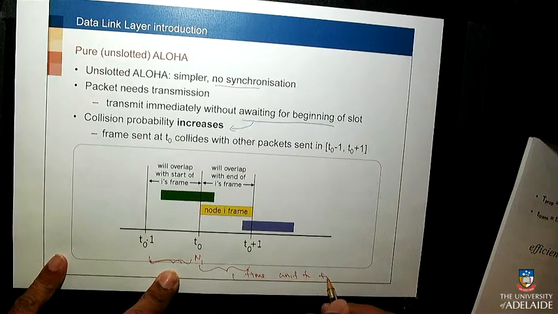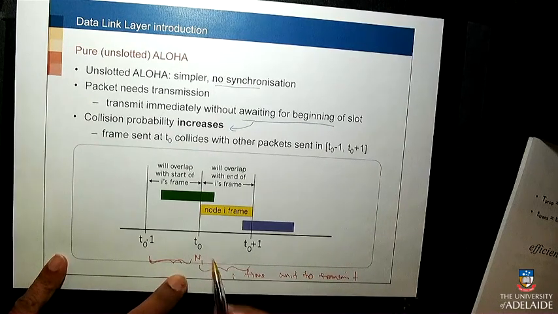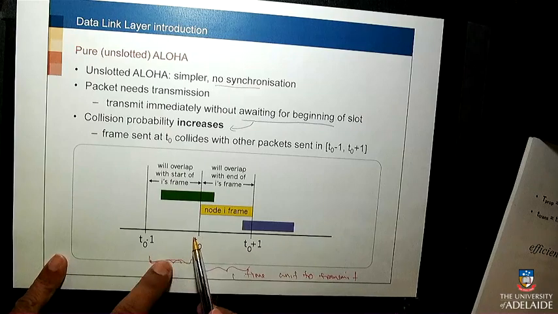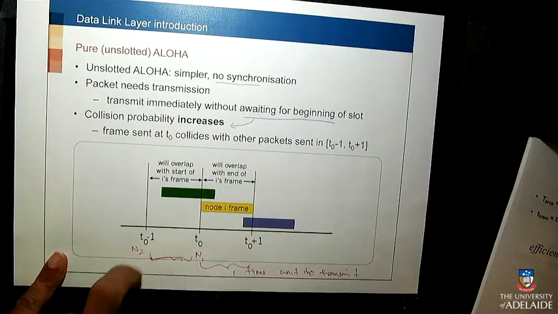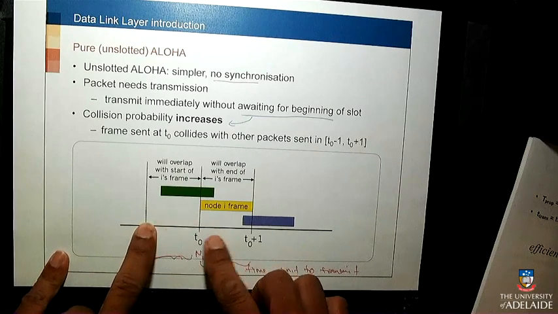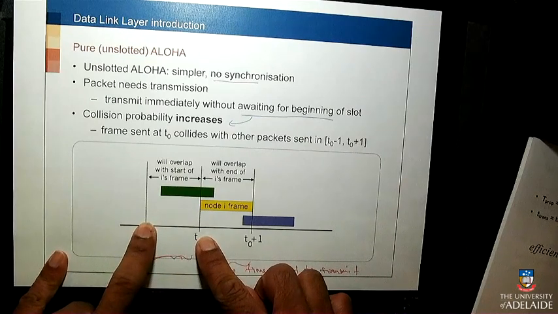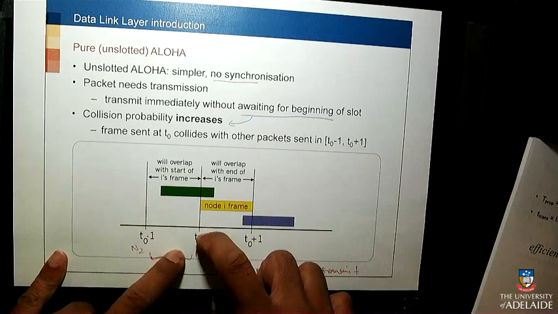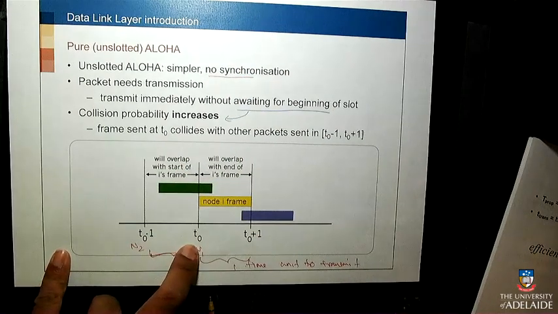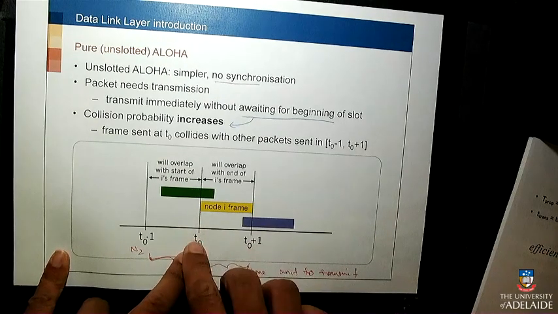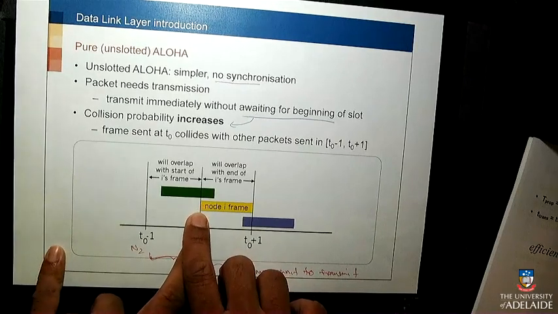When it starts, another node here has already sent a packet, but it may not have arrived here. We don't know, but it may not have arrived because of what delay? Propagation delay.